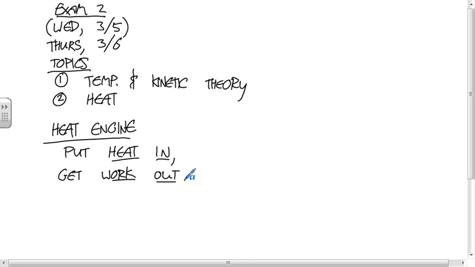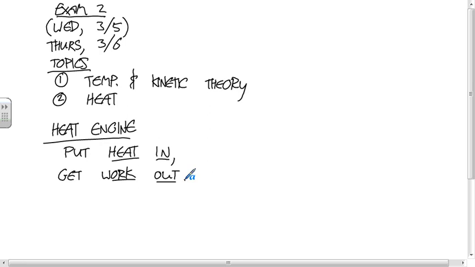And you know, steam engines of different types are heat engines. Combustion engines are sort of interesting, they're not exactly heat engines, but it's similar in the sense that you use a high temperature to create work.